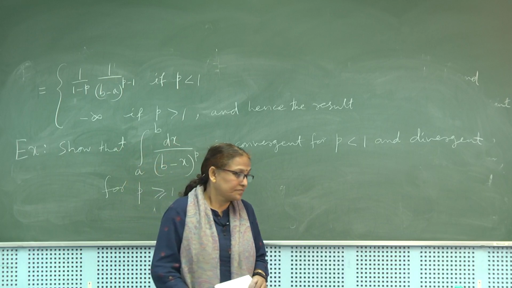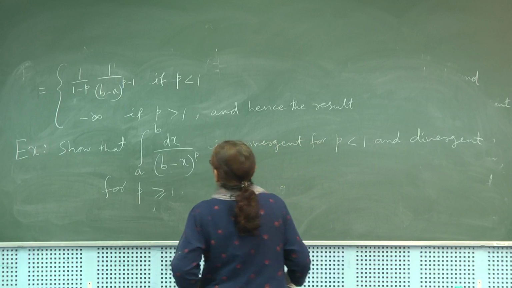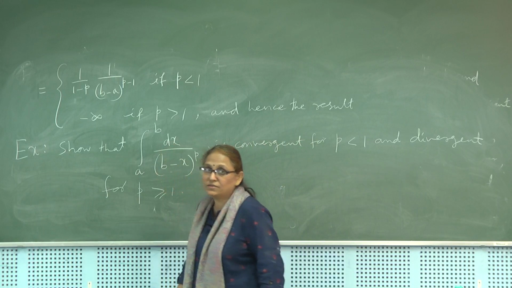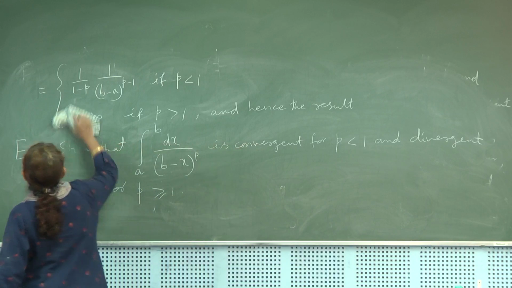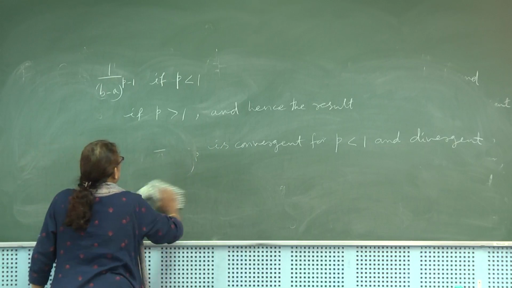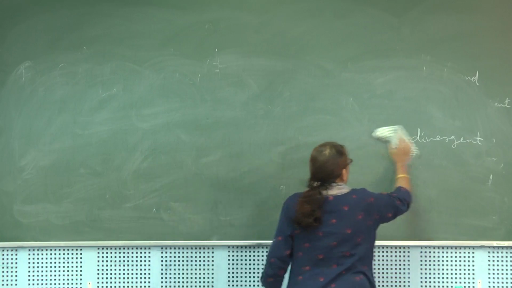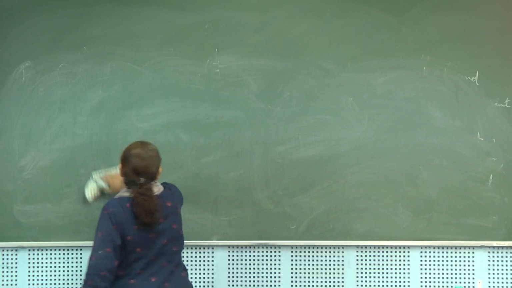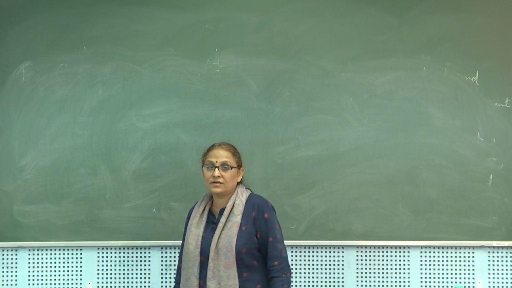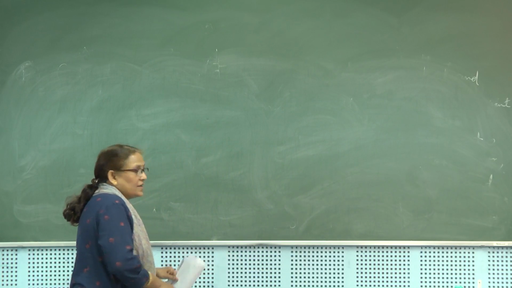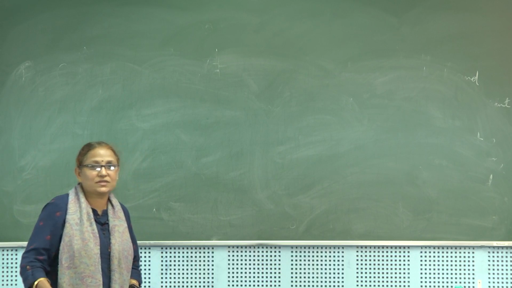Well, before I go to that, I had told you I will give you some examples based on this ratio test and this p test. So, we will see a couple of examples based on this comparison test and ratio test, and then next we shall go for improper integrals, the gamma function and beta function.